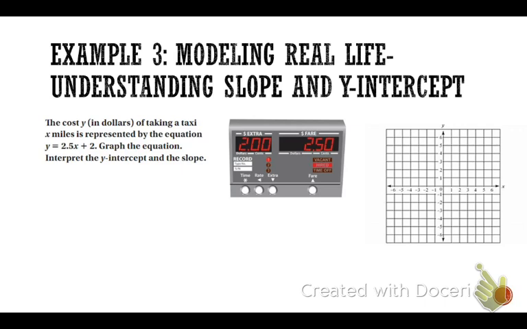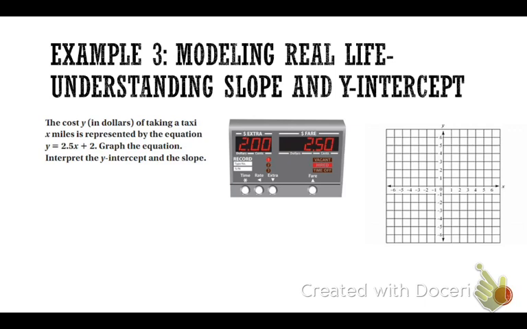Okay, guys. Example 3. Here we go. In this example, it says the cost Y in dollars. Remember when we were giving X and Y these labels yesterday? Well, the cost Y in dollars of taking a taxi X miles is represented by the equation Y equals 2.5X plus 2. Obviously, that's going to be pretty important.